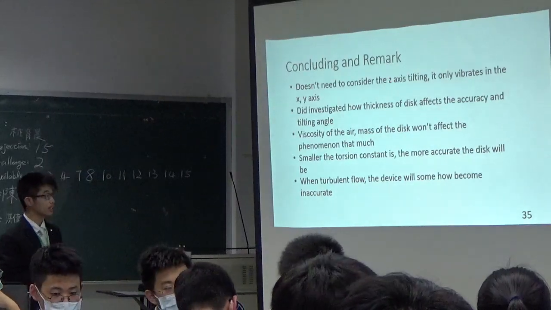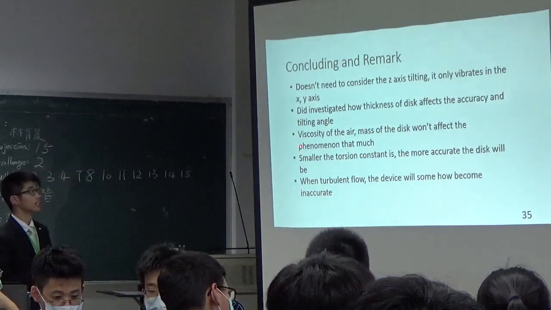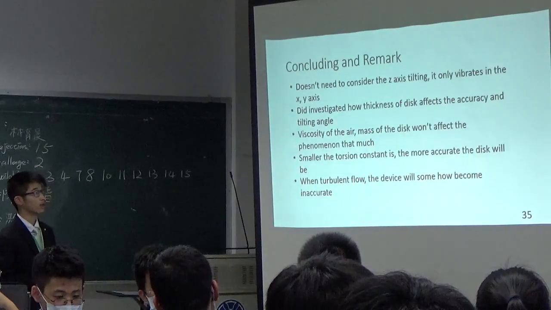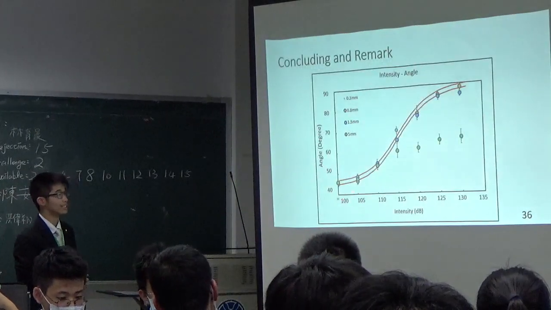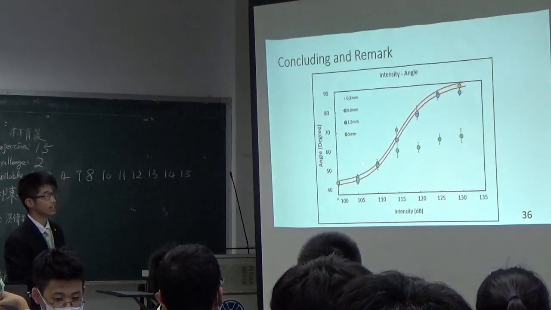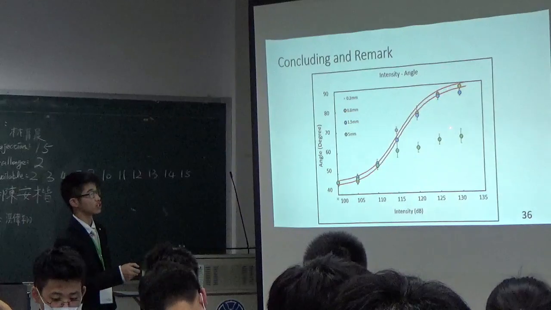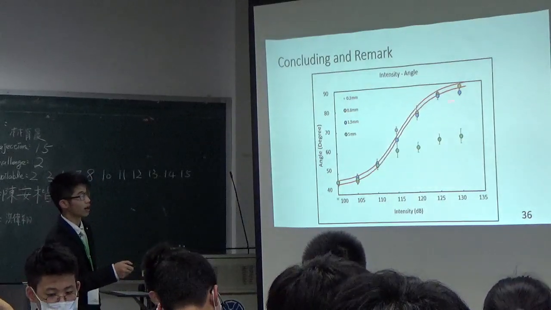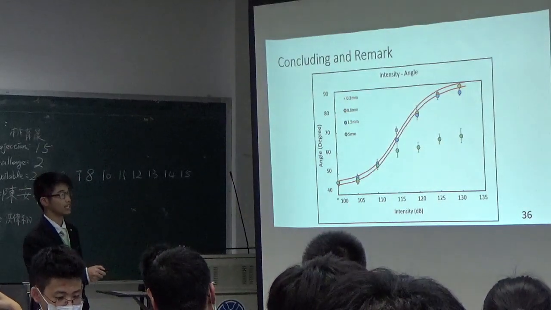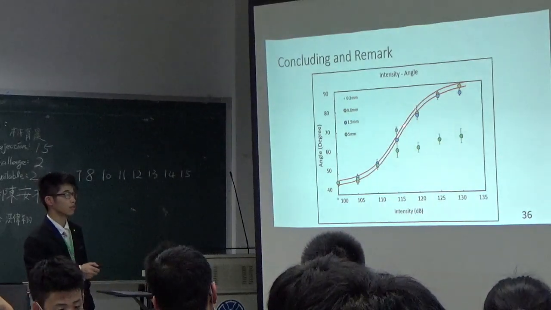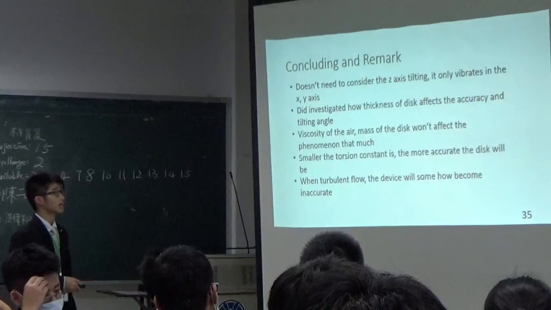In the second point, we did investigate how the thickness affects the accuracy and the tilting angle. In this graph, you can see that when the thickness increases, you will have a bigger deviation at this part. So it will affect its accuracy, and this part will not be accurate.